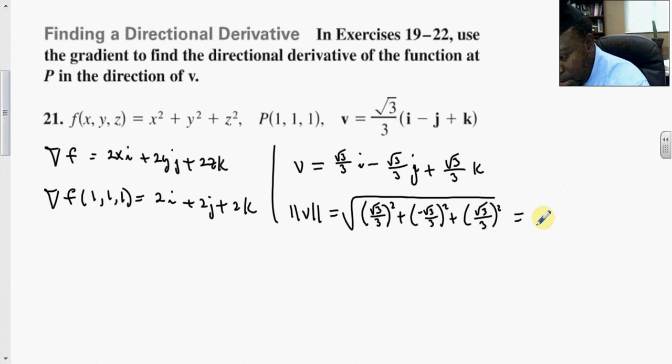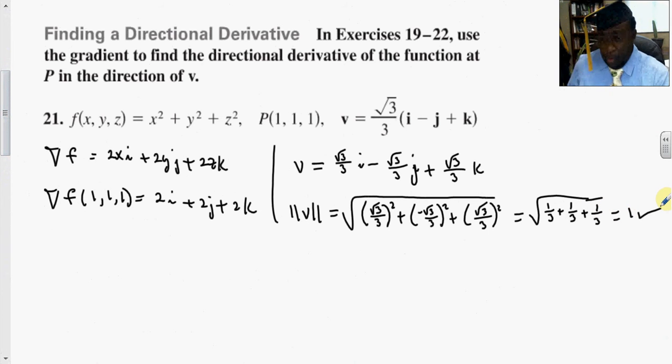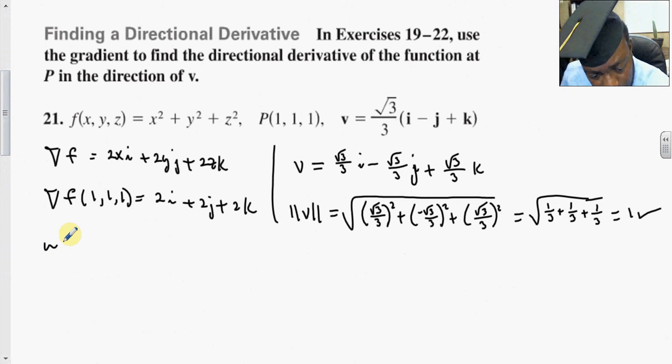We get the square root of 1/3 plus 1/3 plus 1/3, which gives us 1. So v is the unit vector. So that's good.